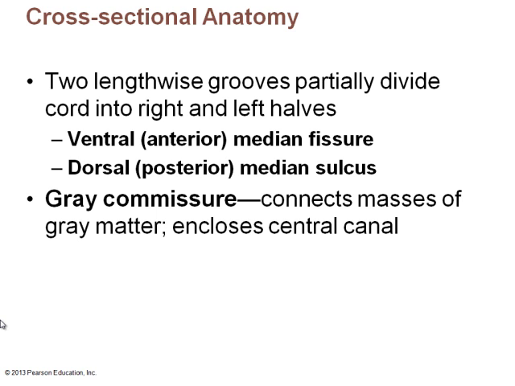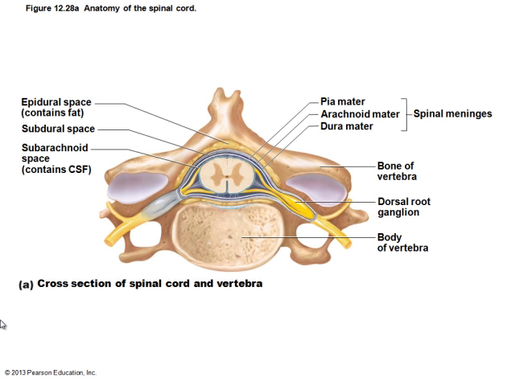And gray commissures are connective masses of gray matter that are going to enclose the central canal. What was the central canal? The big hole right down the center where what's flowing up and down? Or down and out? Cerebrospinal fluid. So we see when we look through one of the vertebrae, what kind of vertebrae is this?